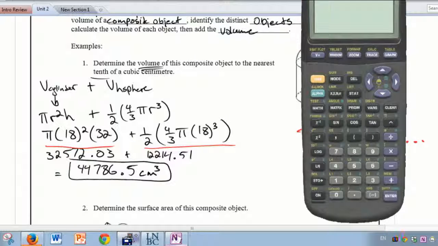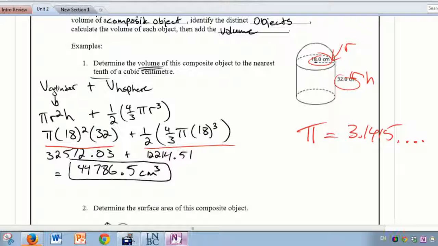So what I will suggest to you is not doing the fractions at all in your calculator. For instance, if we look at this right here, how would I enter that? Well, in my calculator, I do the 18 cubed first. And once I hit equals, I would then multiply it by pi.